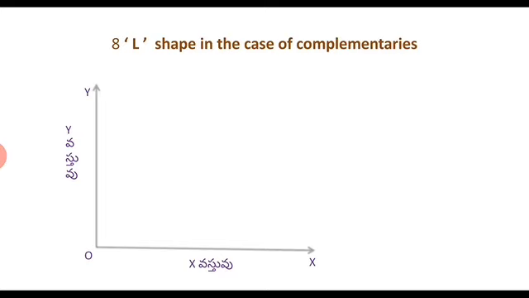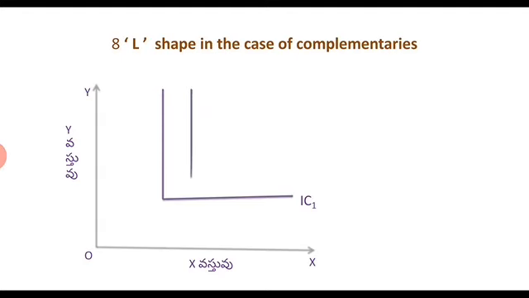L shape in the case of complementaries. If x good and y good are complementaries, the indifference curve is in the L shape. In this diagram, IC1 is the indifference curve.